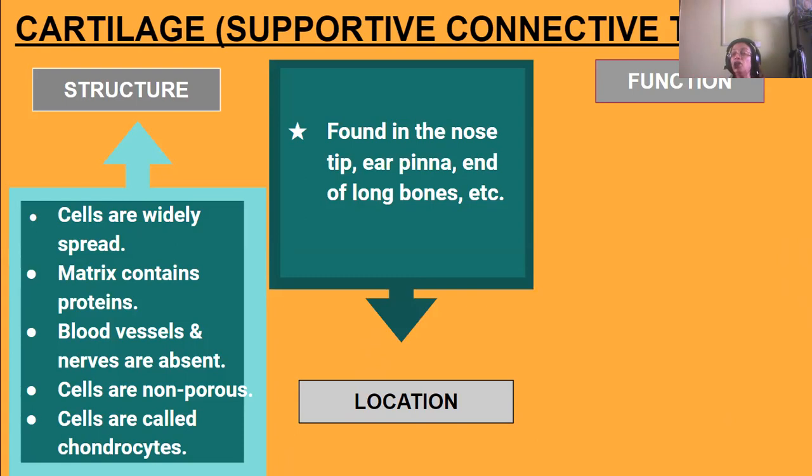And also the end of the long bones, like the humerus and the femur, all those big long bones, which have cartilage at their end. So these are the locations where we can find the cartilage cells.